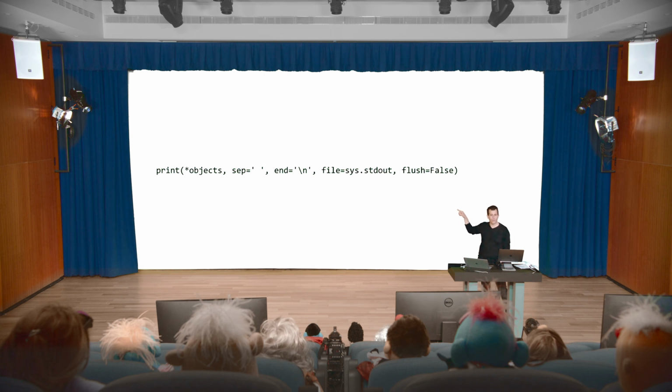We had end, the default value of which was a newline, and then some other named arguments that we waved our hands at then, and I'll again do now. But what you can now perhaps infer from our emphasis on these asterisks today, the single stars or the double stars, is that, you know what? This is the convention in Python's documentation to indicate that print takes a variable number of arguments.